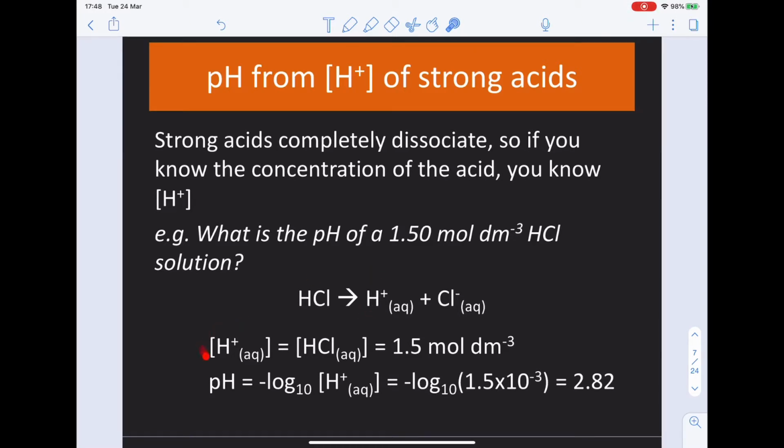So the concentration of H plus ions would be 1.5 mole per decimeter cube for this solution. And plugging 1.5 into log to the base 10, we get minus 0.82. And if we put the minus in front of the minus 0.82, we get a pH of 0.82.